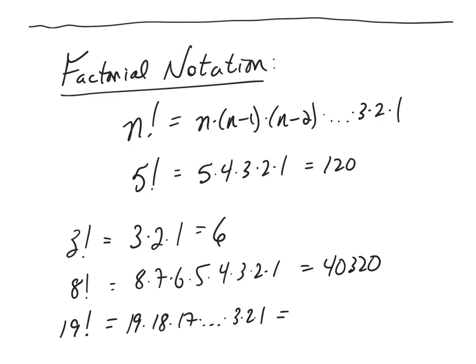The number of ways in which 19 people could line up at the door is pretty darn large. My calculator actually can't quite handle that, but I'll give you as many decimal places as I have. 6451004. Let's see, 1, 2, 3, 4, 5, 6, 7, 8, 9.